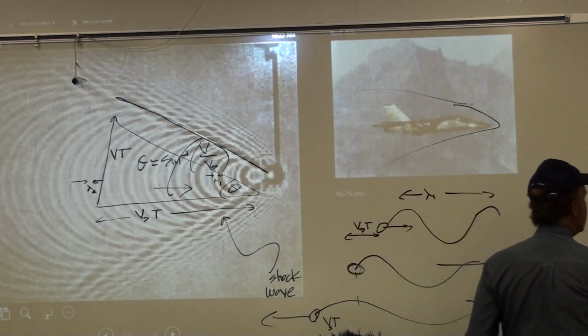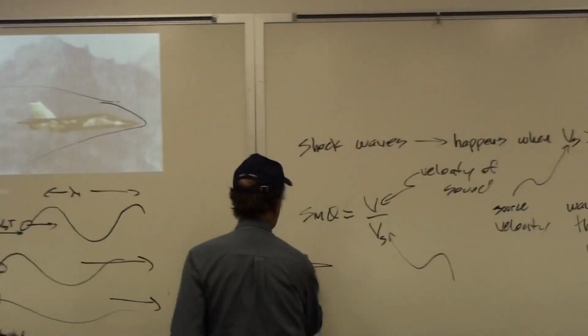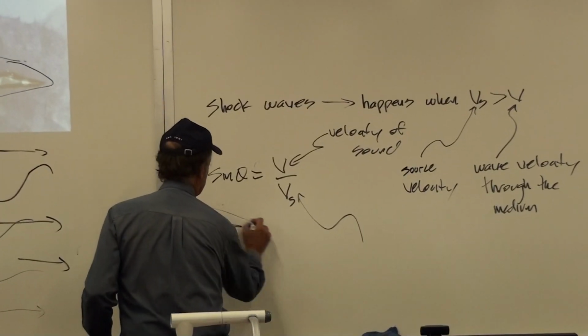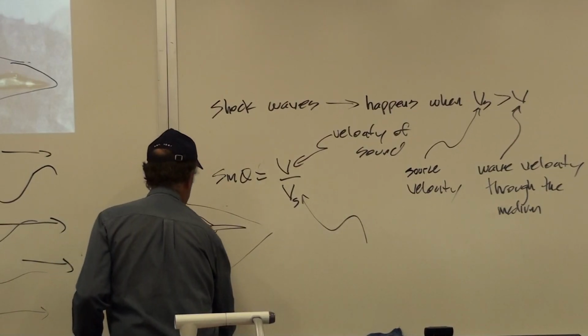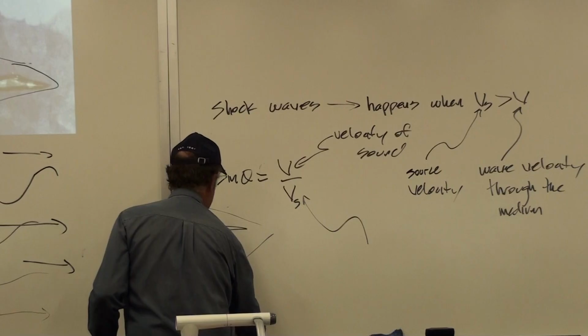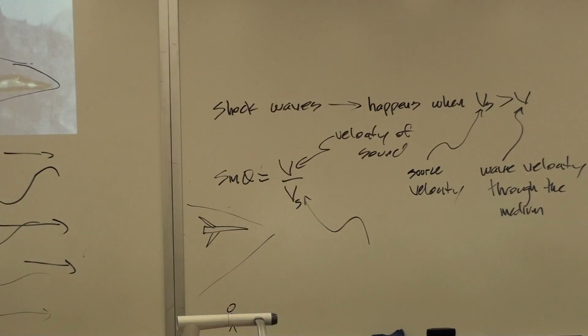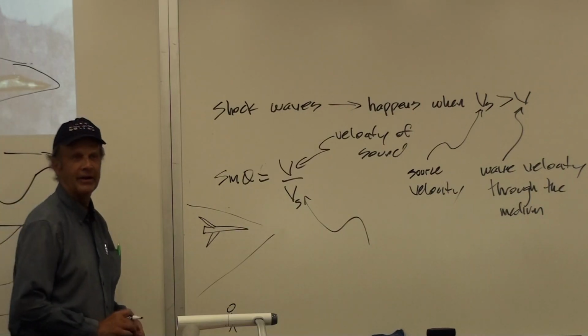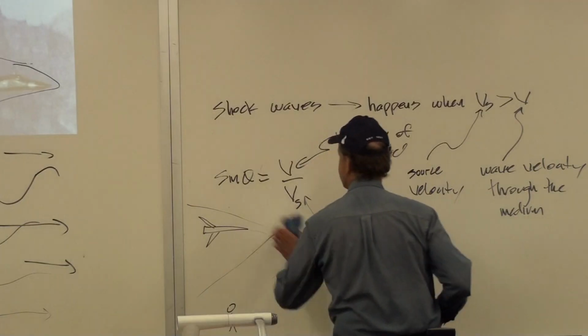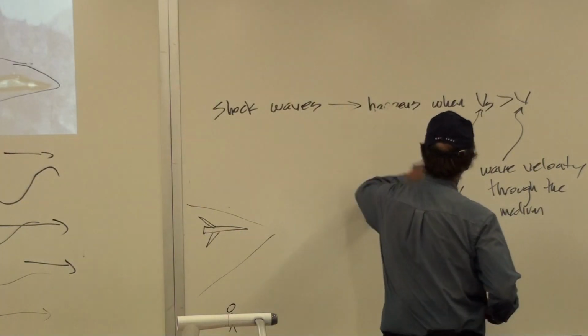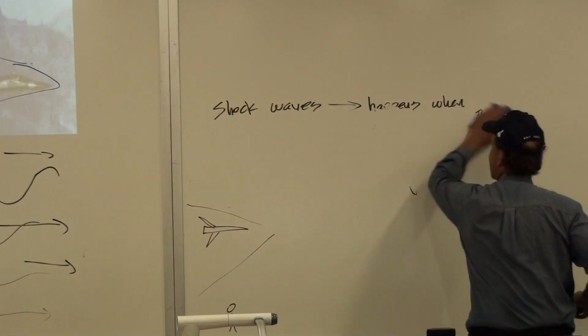So if you're looking up at a plane, and the shock wave front looks like this, you look straight up, you see the plane but you don't hear a thing. I guess it hasn't broken the sound barrier yet, is what you might say. Not realizing that that's not exactly what's happening.